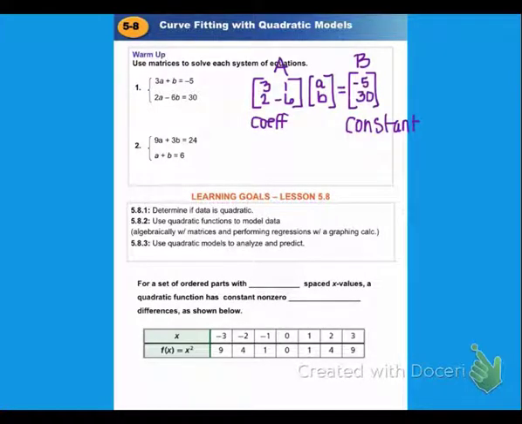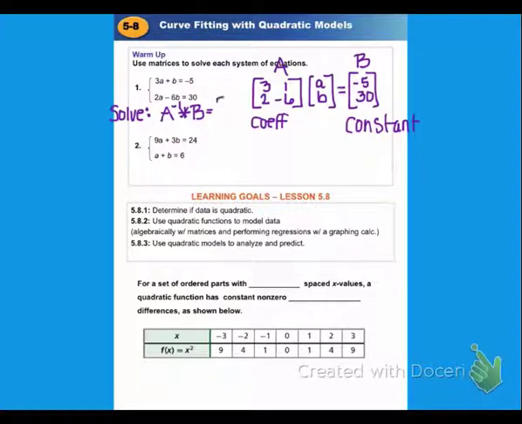And then to solve, this is what we do. We solve by multiplying the inverse of A. So we just type in A and hit the inverse key, and then times B. And that should give us our solution for this system in the form of A and then B.